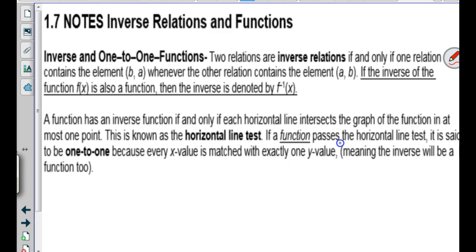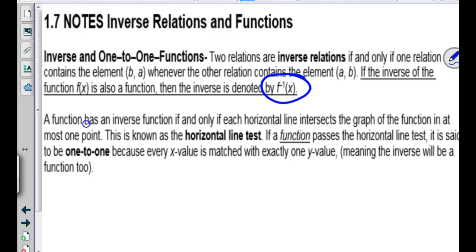All right, so you have it phrased this way at the top of your paper. It says one more time, two relations are inverse functions if and only if one contains (b, a) when the other contains (a, b). So you're switching the x and y ordered pairs. If the inverse of a function is also a function, you write it like this.